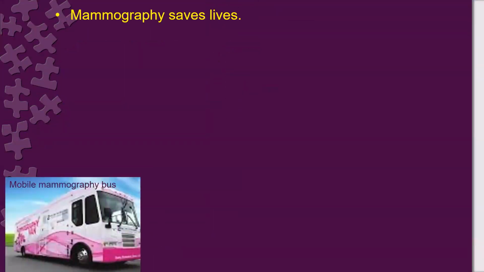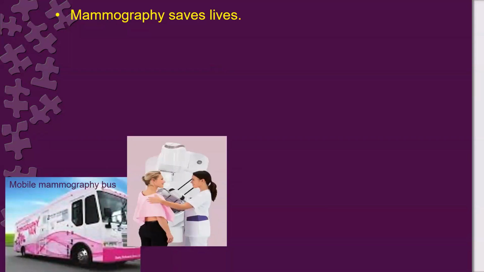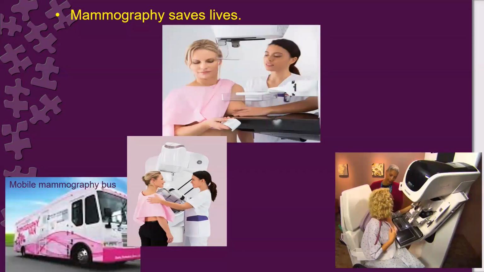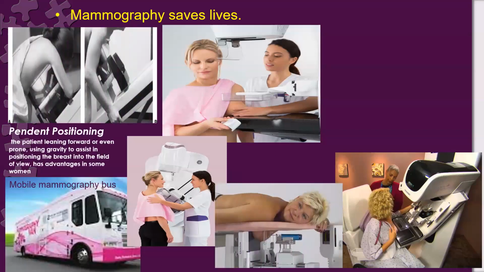Mammography saves lives. It can be performed in a mobile mammography bus or in a radiology department breast unit. It is usually performed in a standing position, but can also be performed sitting, depending on the patient's condition.